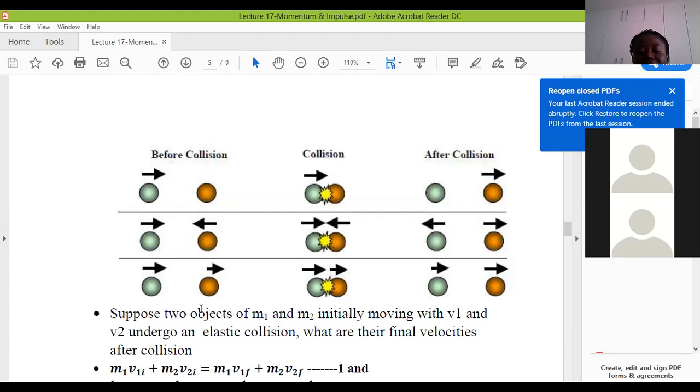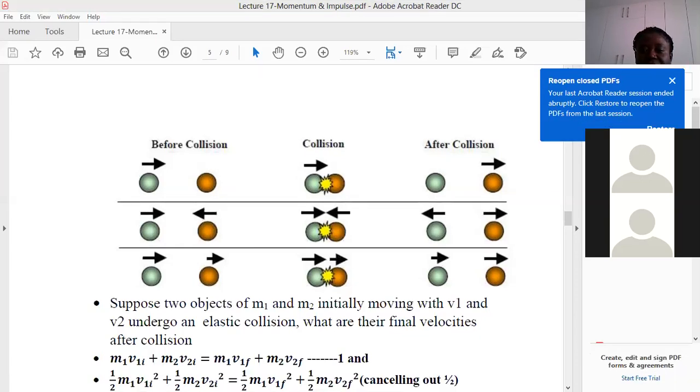Then we have the ones moving in the same direction.